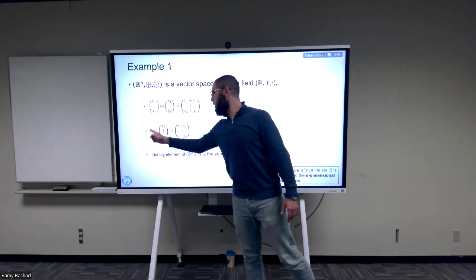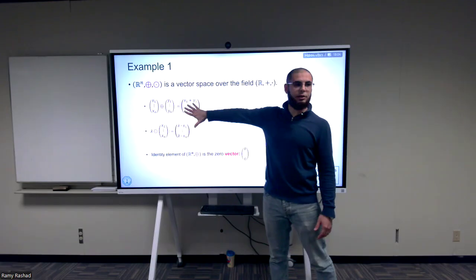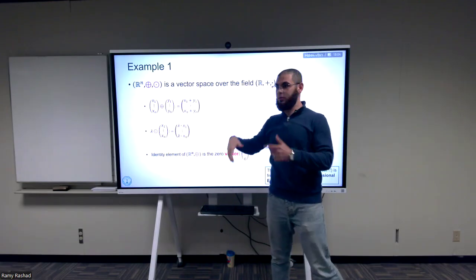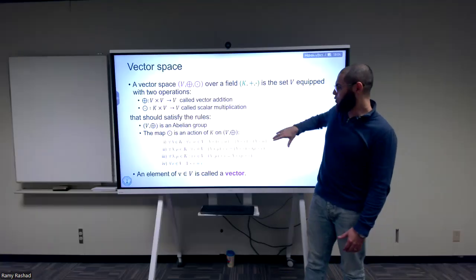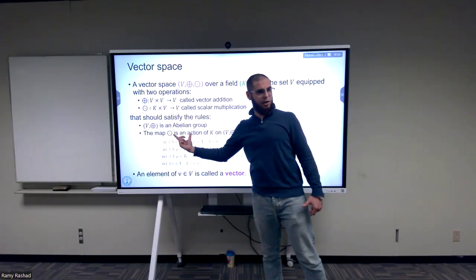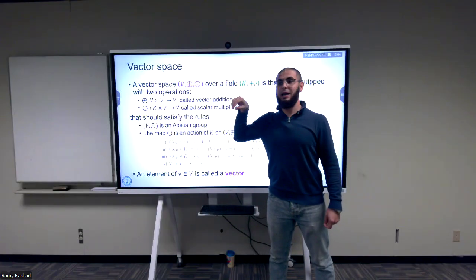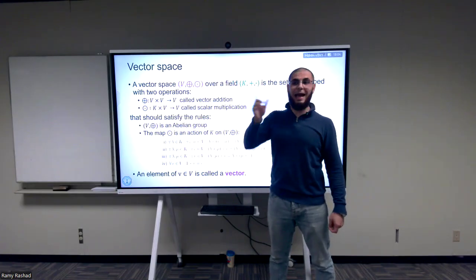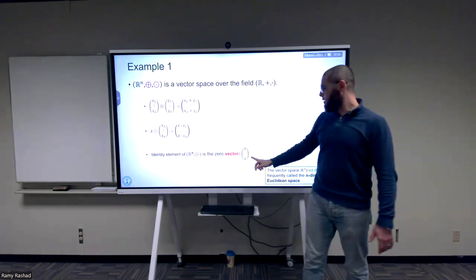I multiply lambda by the first, lambda by the second, and so on. So I have these two operations. You can check that these two operations satisfy all of the conditions that we had. Just to give you a glimpse, one of the conditions was that V and plus are an abelian group, which means that there should exist an identity element that I add to any other element and I get the same element. And this is simply here the zero vector.